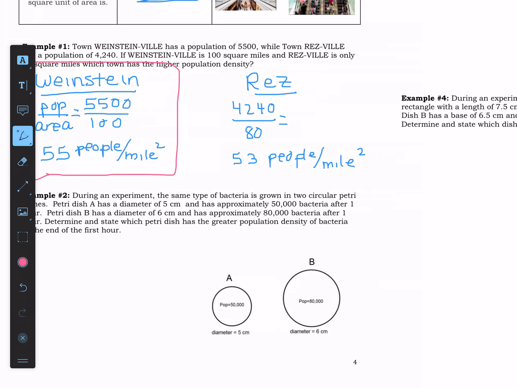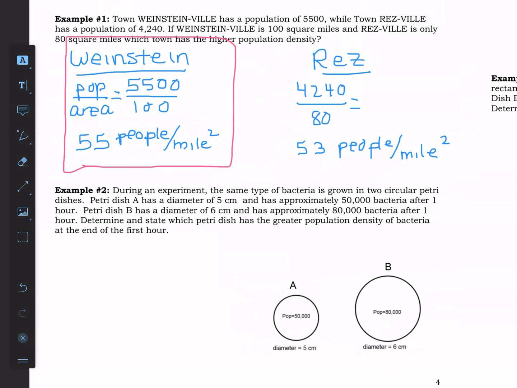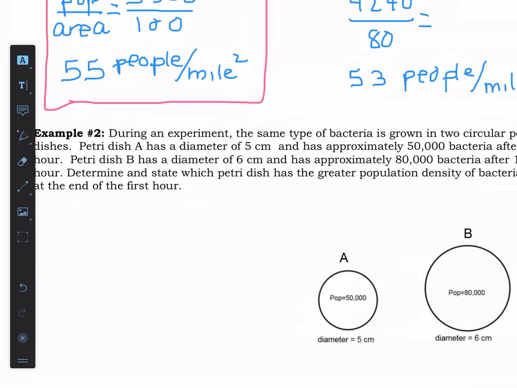Okay, so let's start with petri dish A. All right. Actually, wait one second. Okay, so here is A. To get the population density, we are doing population over area. So the population of petri dish A is 50,000.